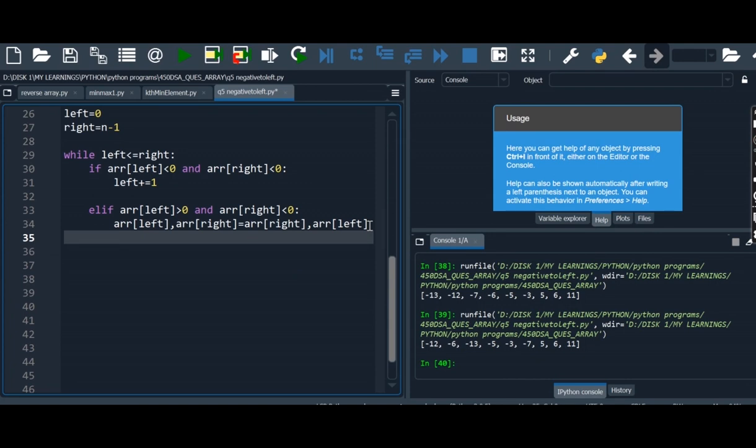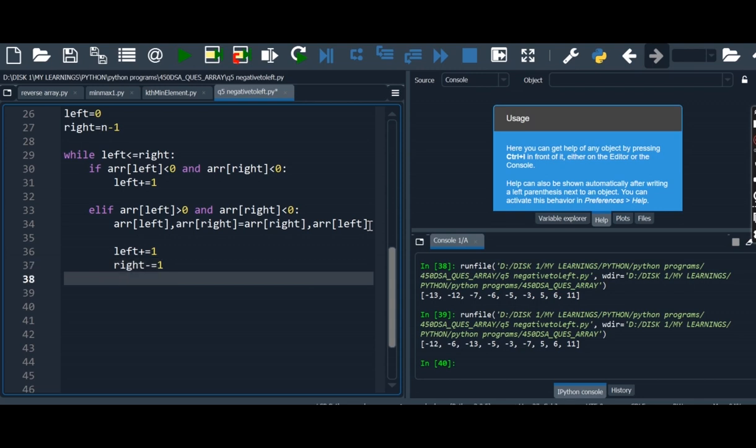After doing this we will be incrementing the value of left index by 1 and decrementing the right index by 1.